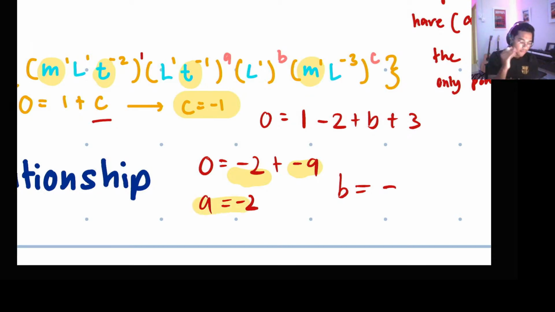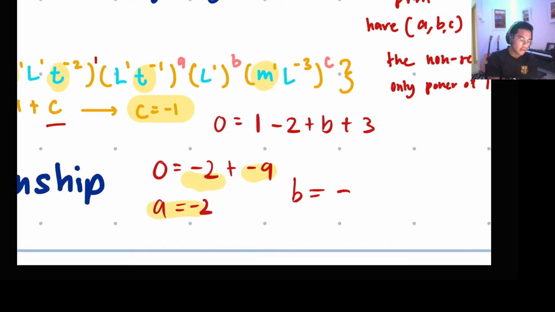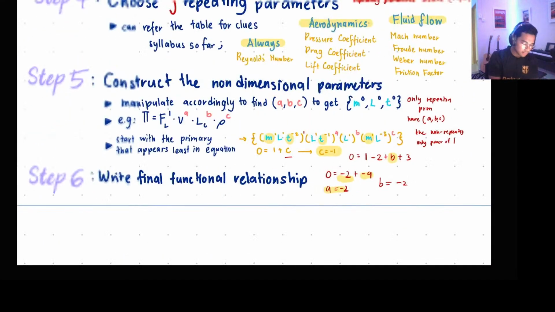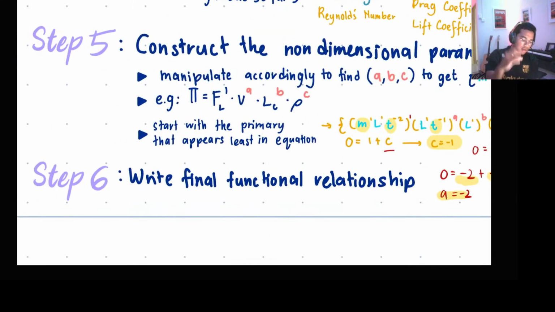Now we have a and we have c, and then find b, which will be equal to negative 2 also. Then when you finally construct all 4 of your non-dimensional parameters, you can relate how the independent parameters affect the dependent parameter.